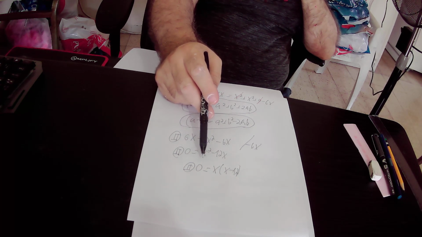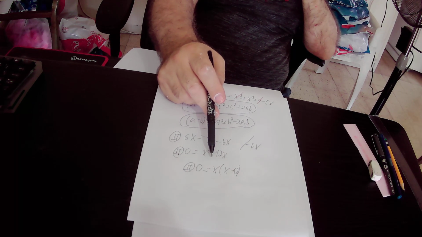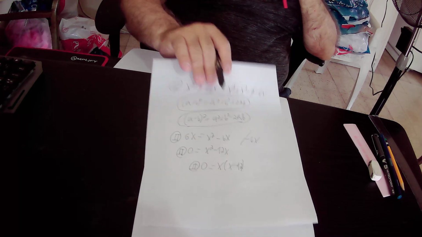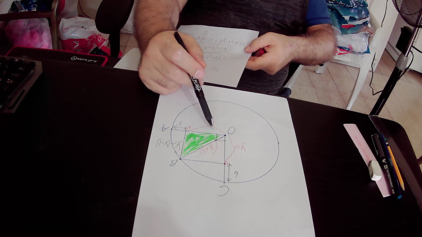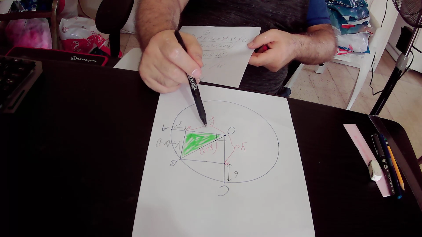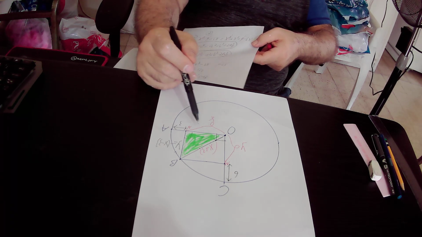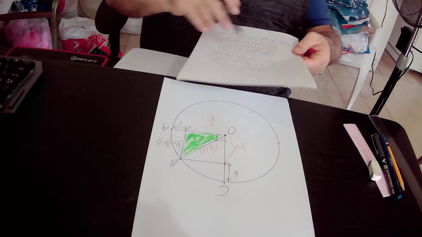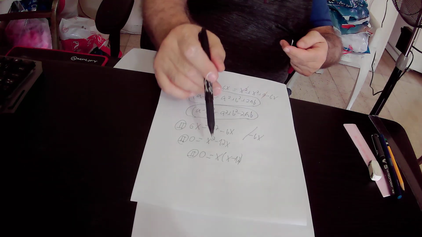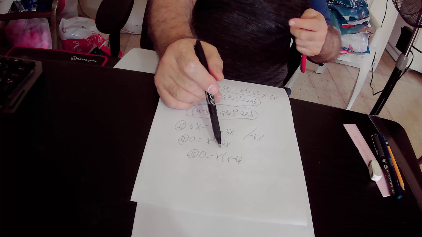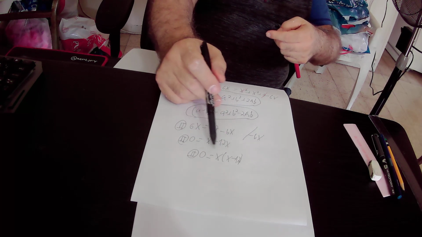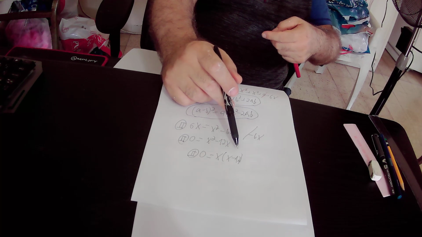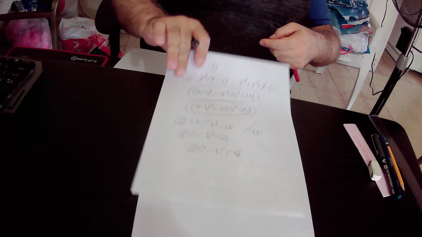The first solution, x equals 0, is impossible because x is the side of the rectangle and it can never be 0. It must be a positive number. So the first solution, x equals 0, is not correct. And we have the second solution, that x minus 12 equals 0. So I'll write it down.